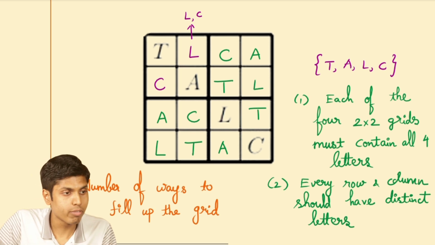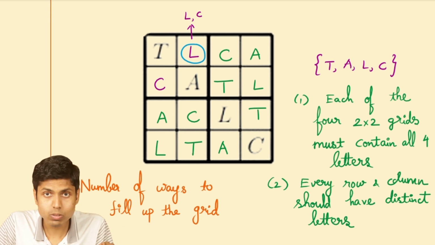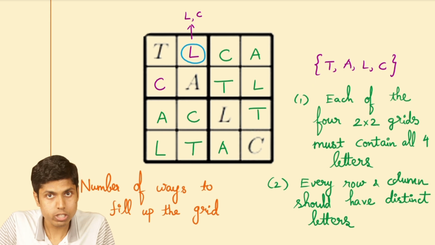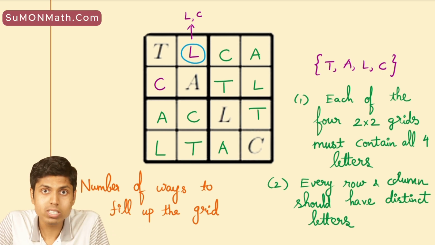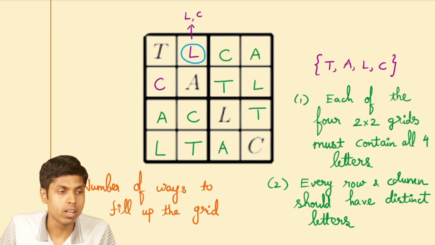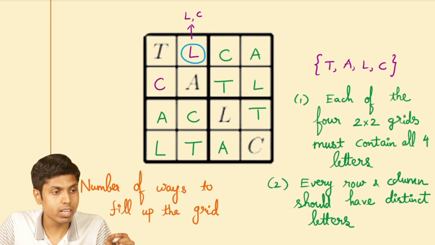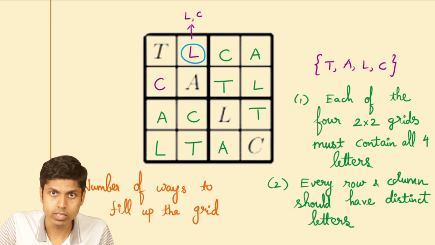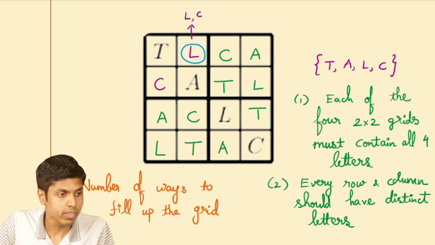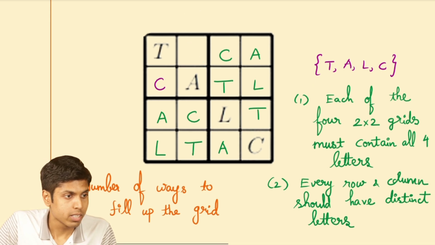Now, you see, determining this one letter in the first row and second column position determines all the subsequent letters and completes the entire 4 cross 4 grid. That means choosing L for that will define the entire 4 cross 4 grid. And a symmetric argument goes for C. Just replace L with C, and you will get the unique grid.